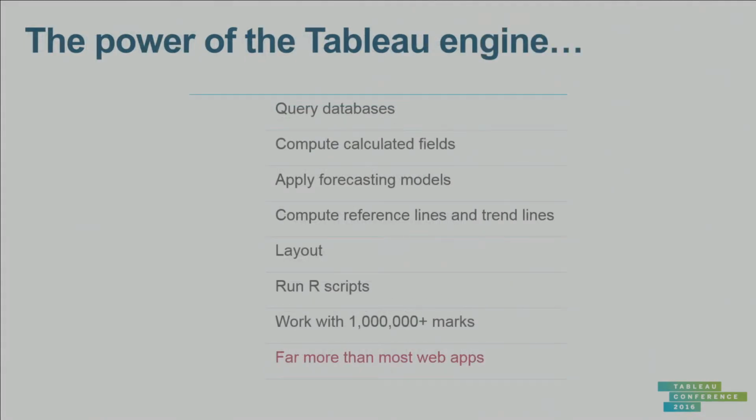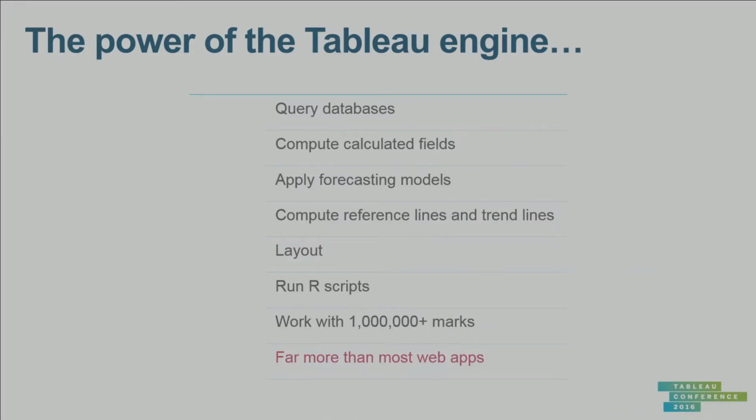But the flip side is, well, what sorts of things can Tableau do? It can query any of dozens of databases. I've long since lost track of how many different databases we can connect to now. We do lots of complex calculations within Tableau, calculated fields and table calcs and forecasting models, reference lines, trend lines, a lot of variety of layout.